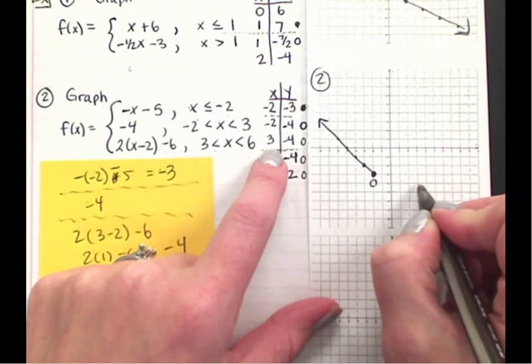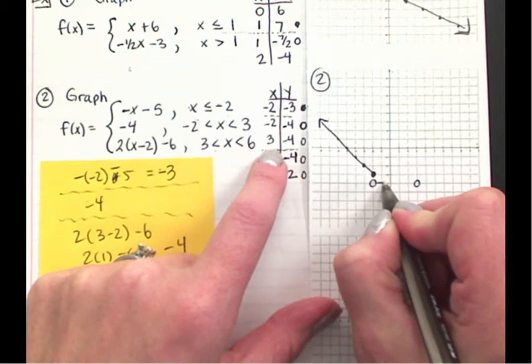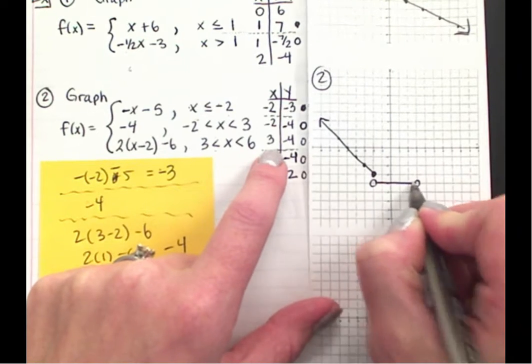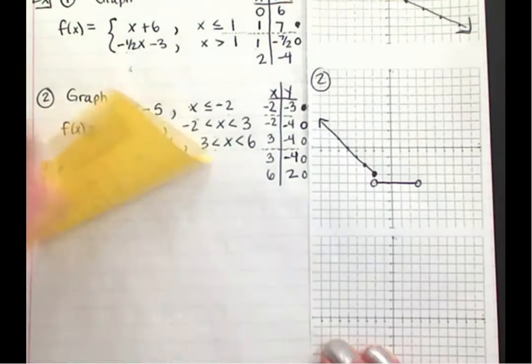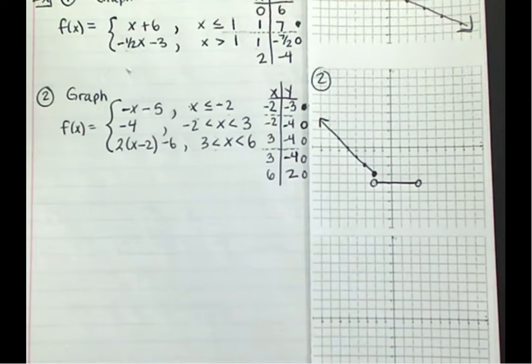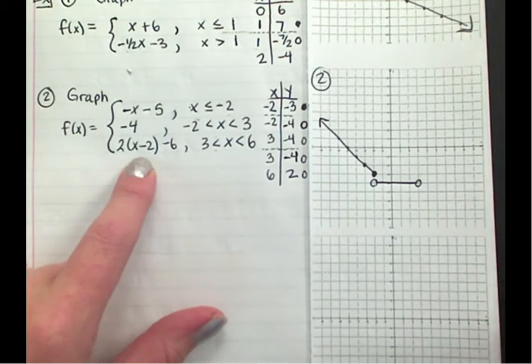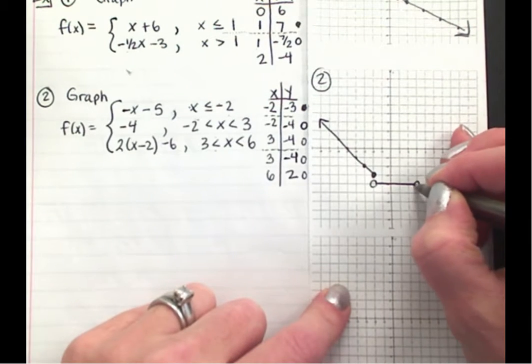Open, open, connect. Guys, these are lines. 2 points connect a line. Okay. Next. Okay, 3, -4, open.